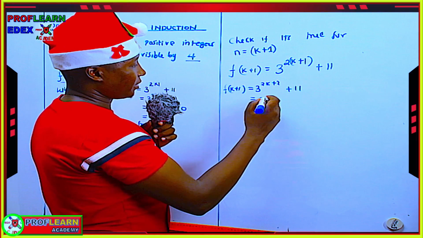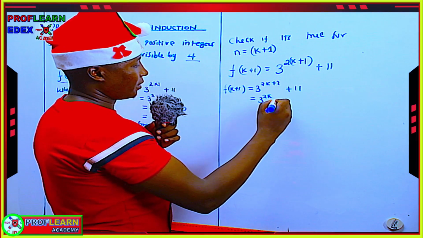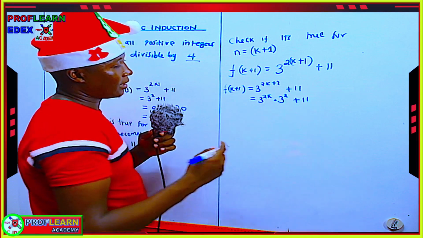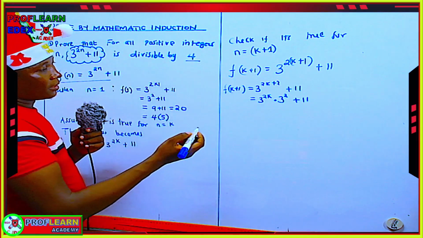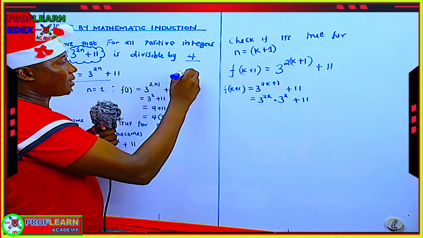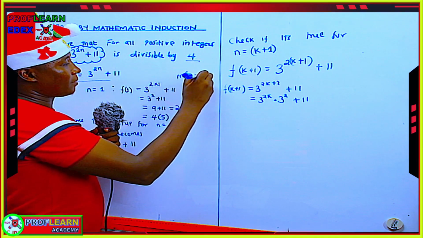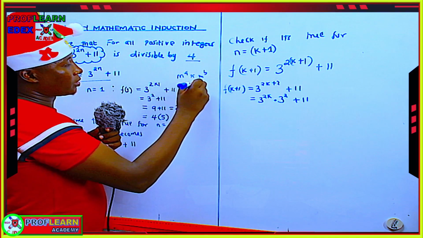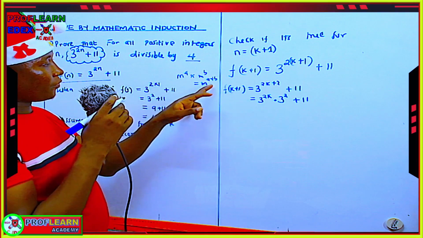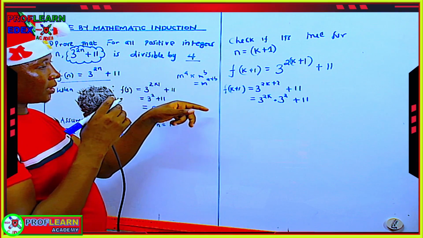This same expression can be written as 3 to the power 2k times 3 squared, plus 11, because we know that if you have m to the power a times m to the power b, this is the same as m to the power a plus b. So you can split it.